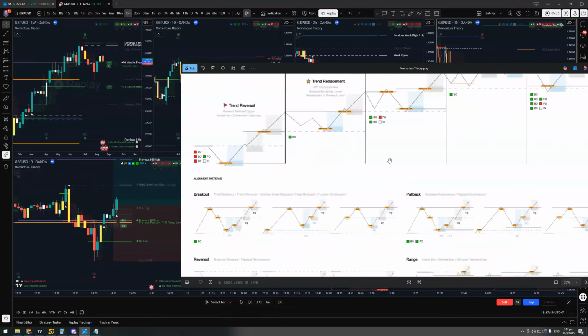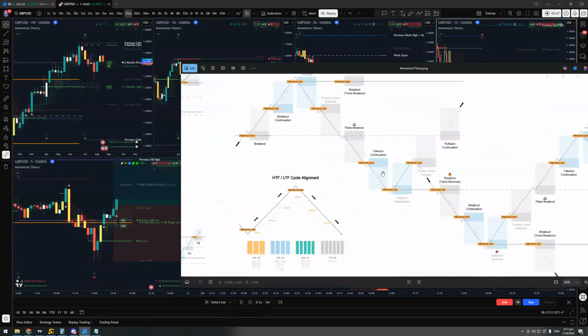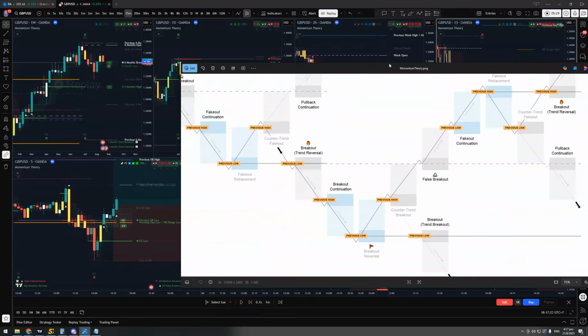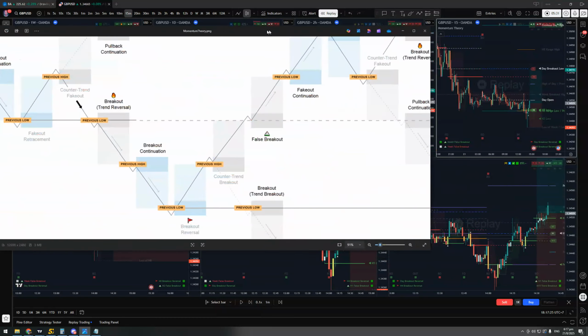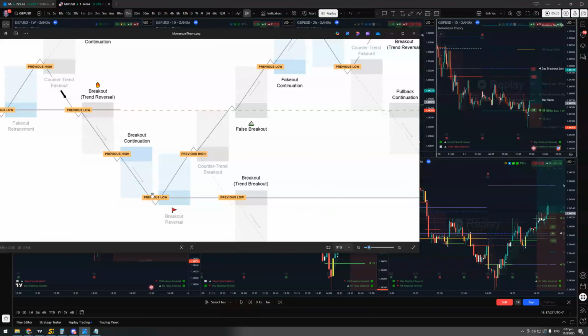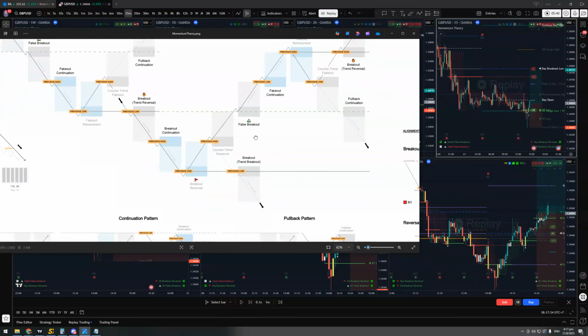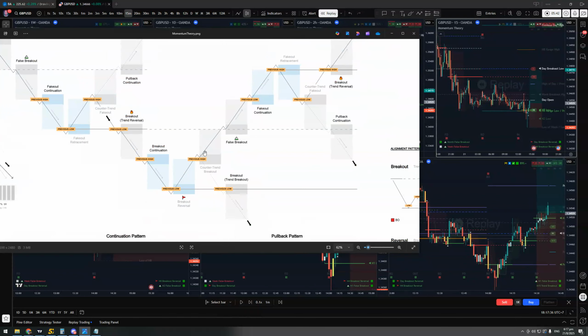So if you look at the momentum time frame chart, everything is based off of how momentum moves. We have the breakout, market broke out, faked out the low. This is a breakout reversal, and breakout reversals I expect to go right back to that breakout level. So these solid lines, this is my expectation of what price is going to do.